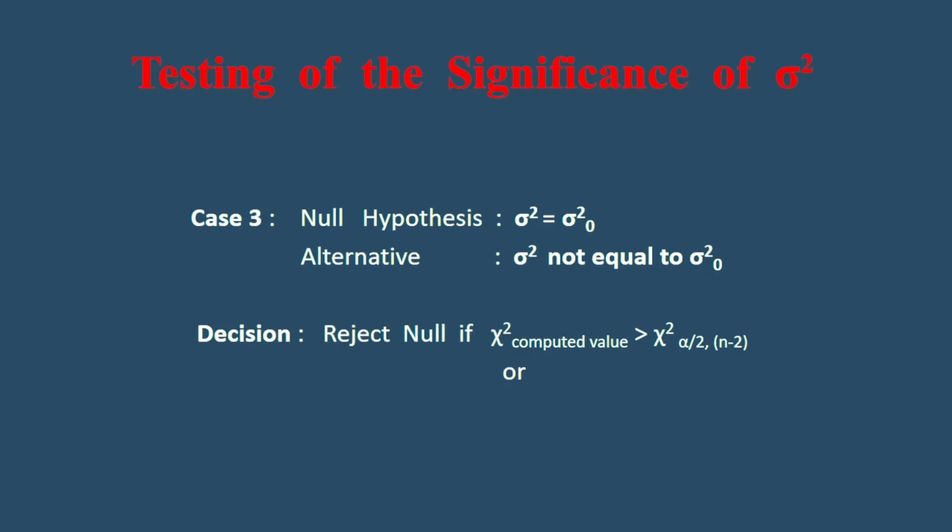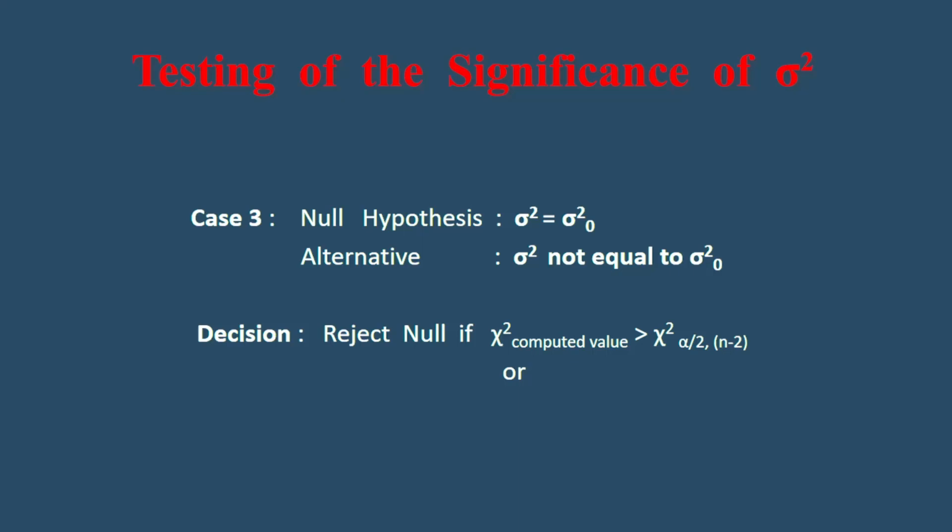So we go by the rejection rule, which says that the chi-square computed value is greater than chi-square alpha by 2. This alpha by 2 is the level of significance, because a two-tail distribution is being considered, and n minus 2 is the degrees of freedom. Similarly, we can go for the less than type. But both types have to be taken into consideration when we go for sigma square not equal to sigma square 0.